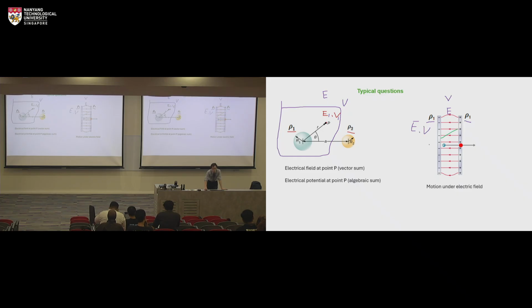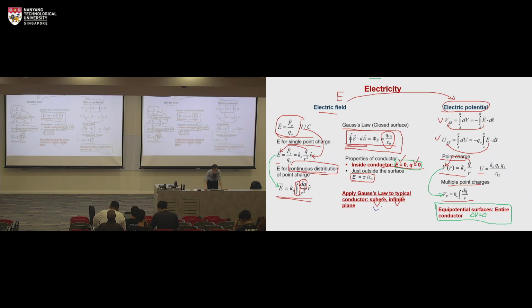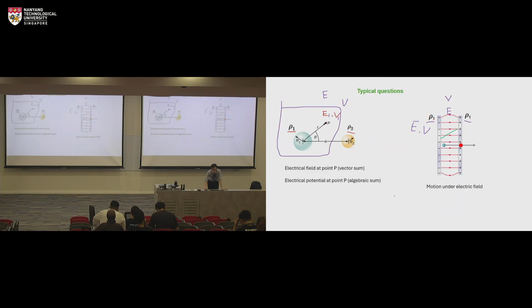So you can see these two types of charge distribution, sphere and infinite plane. You need to use Gauss's law first to determine E, and from E to determine V.